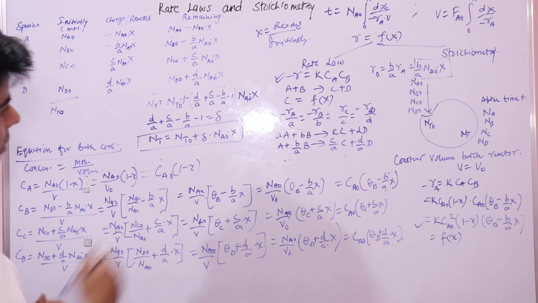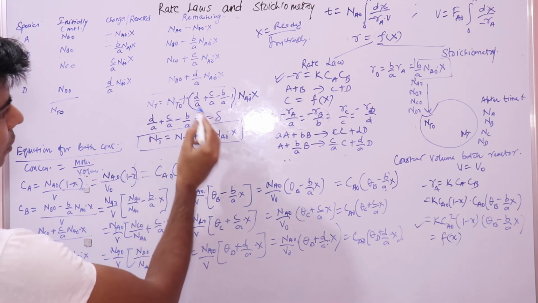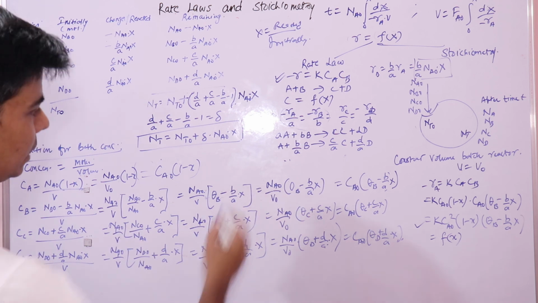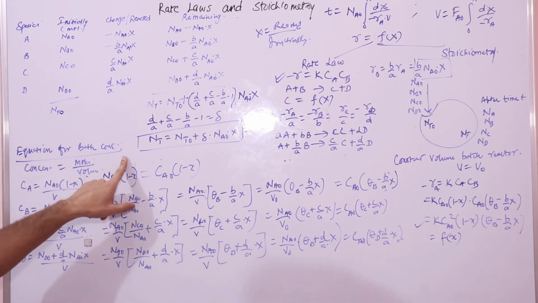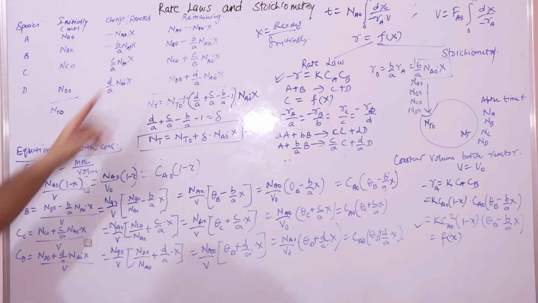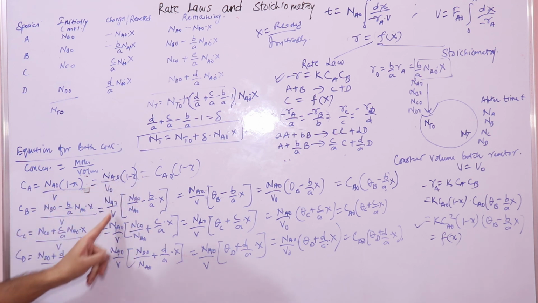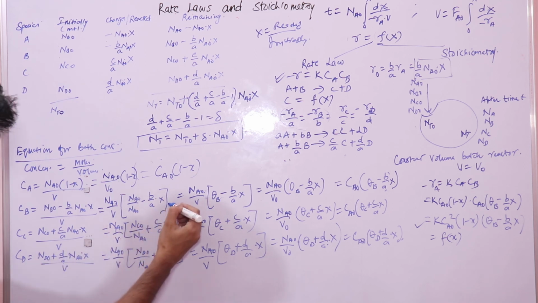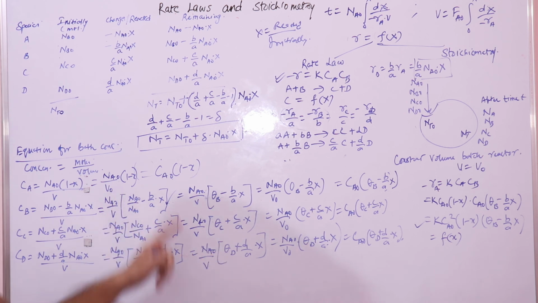Since this appears in all the calculations, we consider it as delta, so NT is equal to NT0 plus delta Na0 X. Then we expressed equations for concentrations, which are moles per unit volume, by dividing the remaining moles by volume. After that, we took Na0 common, and these equations simplified, where NB0 upon Na0, NC0 upon Na0, and ND0 upon Na0 are taken as theta B, theta C, theta D.